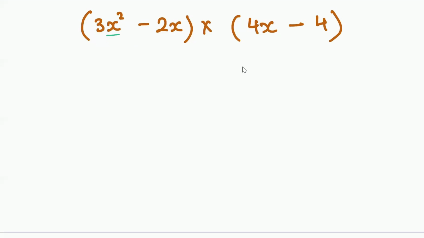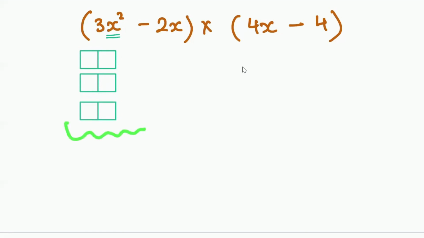So for x squared, we have a double tile, right? And how many of these are there? 3, right? So we'll make 3 of those. So this stack right here represents 3x squared, right?